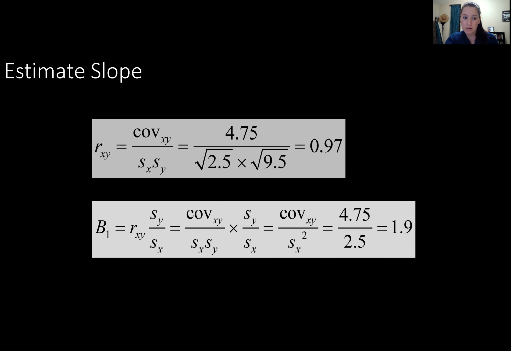At the bottom, there's the correlation coefficient, and I plug in the standard deviations for X and Y. I'm not going to walk you through that; you can look at the formula. It works out. So we have a B coefficient of 1.9 that we got from the correlation coefficient of 0.97.